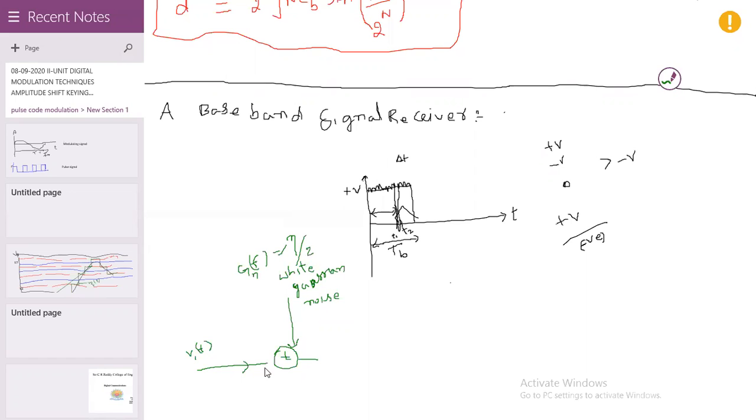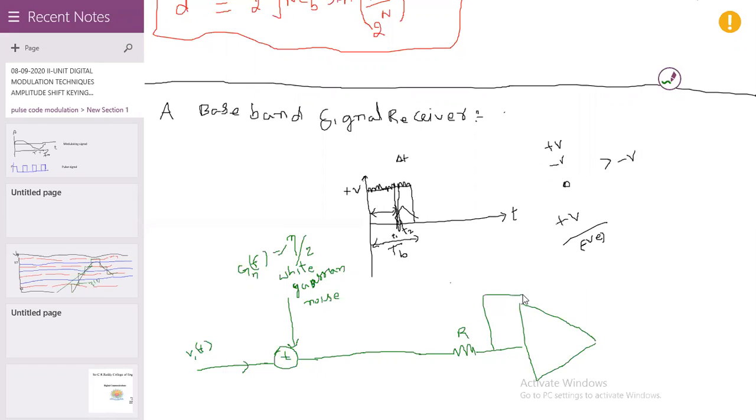Okay, the signal is received by that one. During the transmission, the white Gaussian noise can be added to that one. Then the signal passes through the integrator here, resistor R, and here we can draw this one.